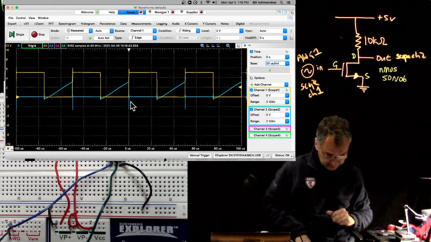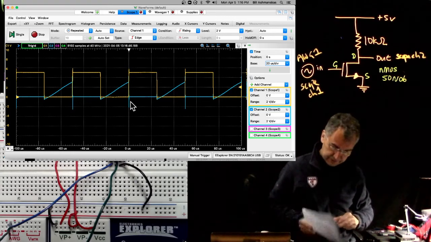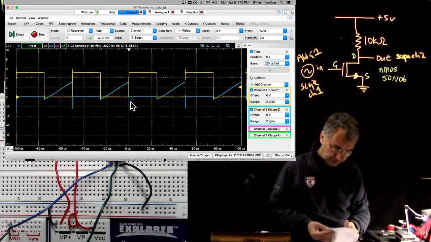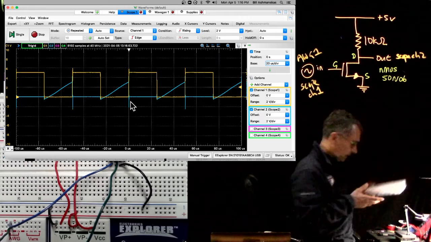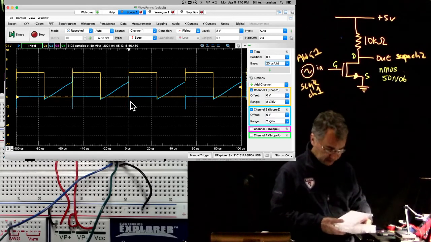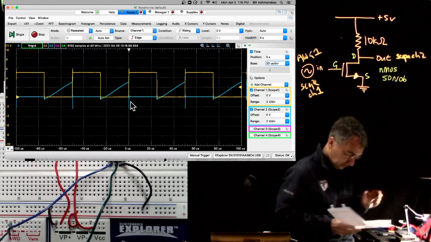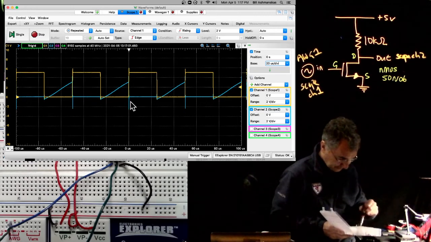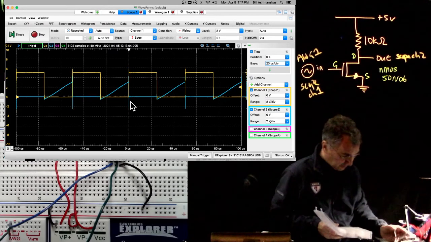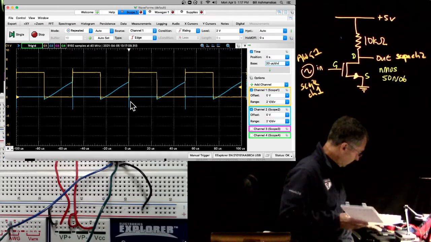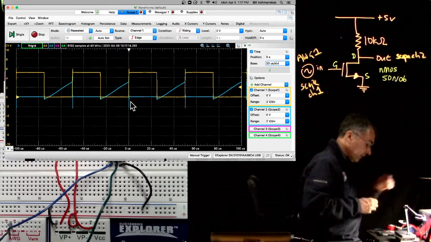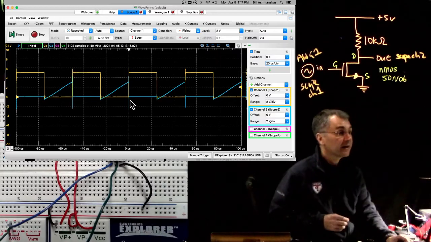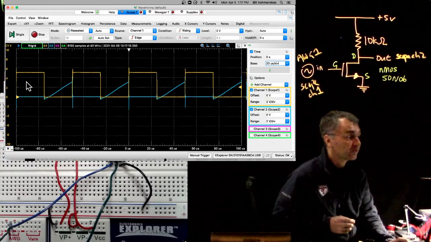By the way, I don't think I asked you to do this, but if we make that resistor a lot smaller, like here, let me replace that 10K resistor with a 1K resistor. Actually, the easiest way to do that is just to put them in parallel. Oh, whatever. Let me take a look. Okay, let's replace that 10K resistor with a 1K resistor, and then we'll see what this looks like.